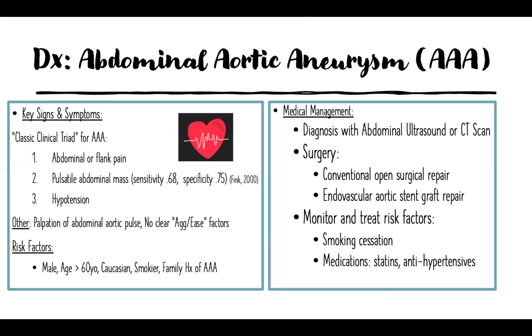In this particular diagnosis, the clinical triad that's been researched and talked about is the presence of abdominal or flank pain. So this could be a low back pain, a side pain, sometimes a groin pain is described. Pulsatile abdominal mass: being able to palpate a pulsing mass in somebody's abdomen has higher specificity than sensitivity.